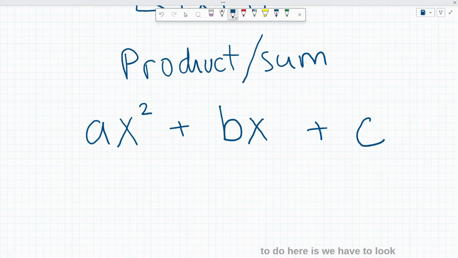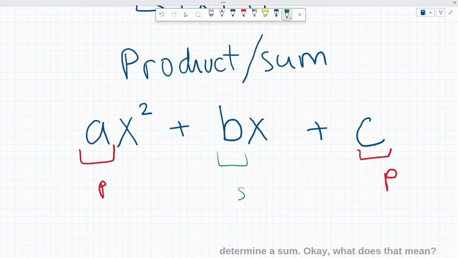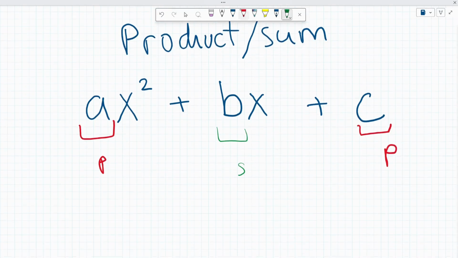What we have to do is look at the product of our a and c values, and then we want to look at our b value to determine a sum. Okay, what does that mean? Let's look at an example.